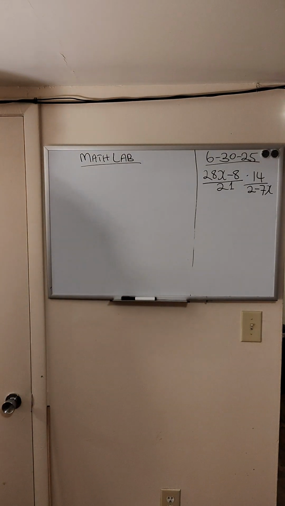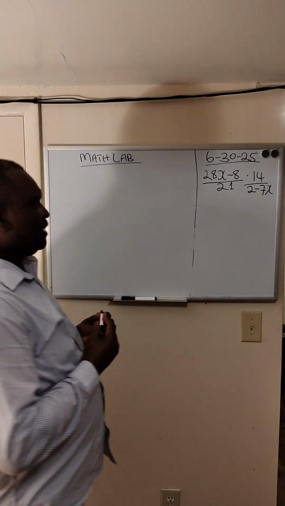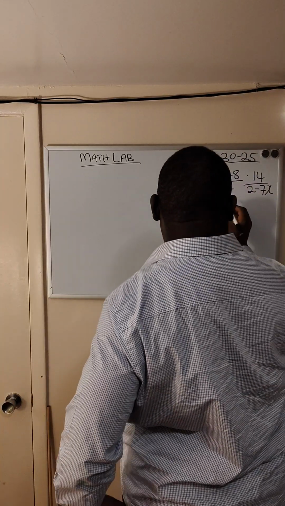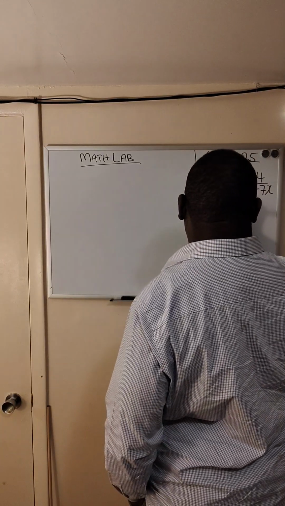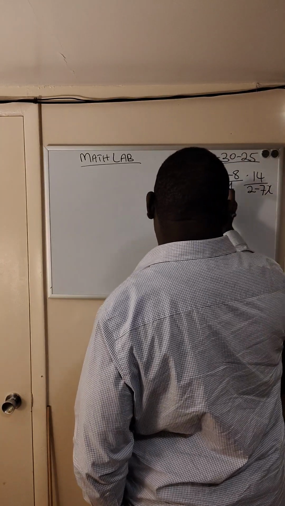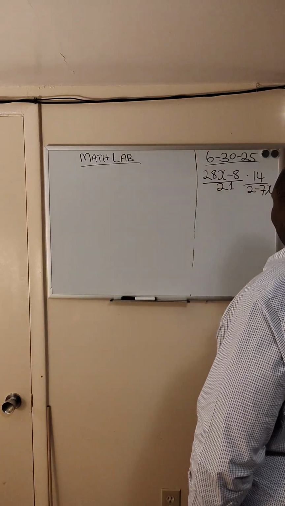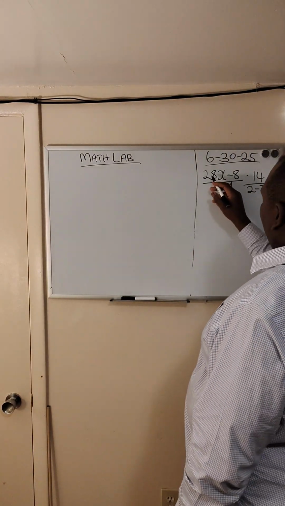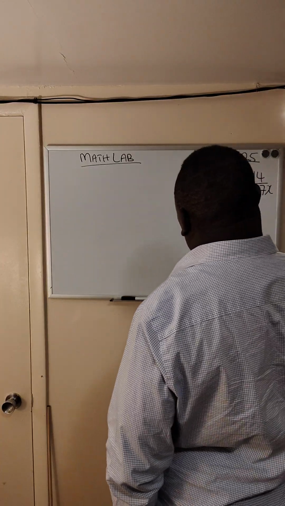Now for us to do that, we have to find factors that can divide this right here. Because we have an x right here, we're going to make this side a negative.